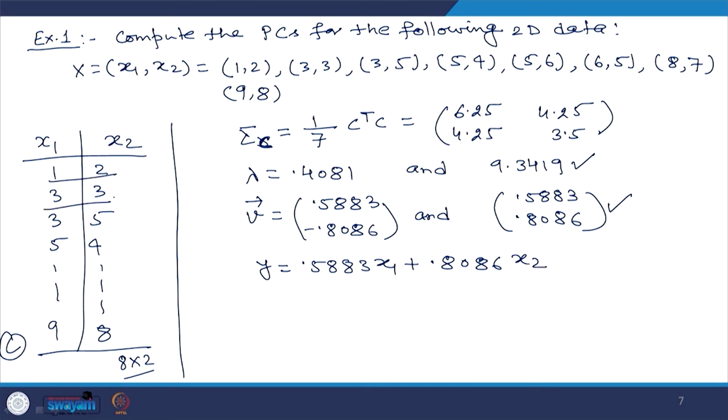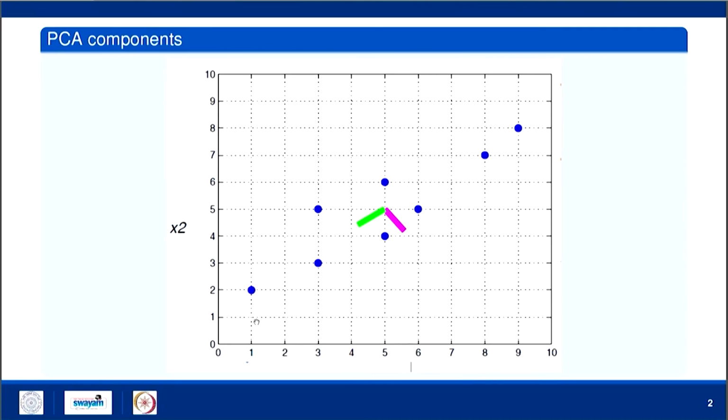All these pairs will project to 1D, that will be our y. So if you want to see, this is the example, these are the points I have plotted in 2D, and this green one is giving the direction of the principal component, while the second one is the other eigenvector.